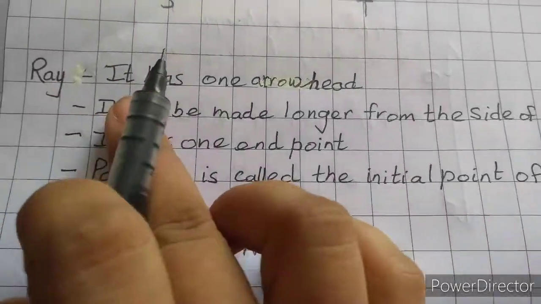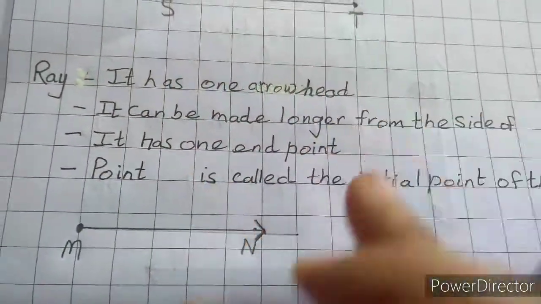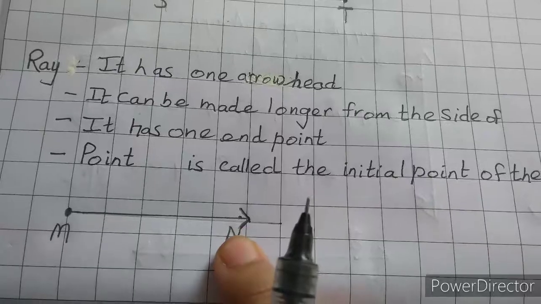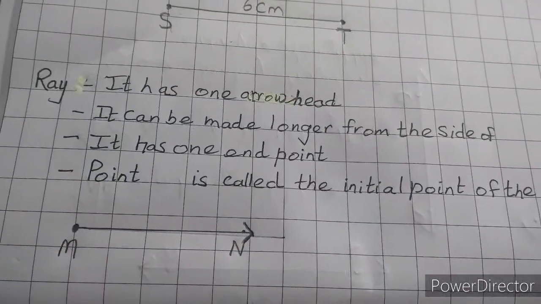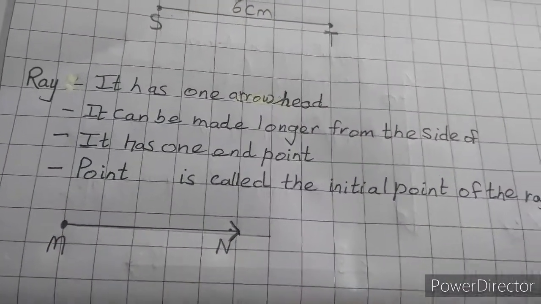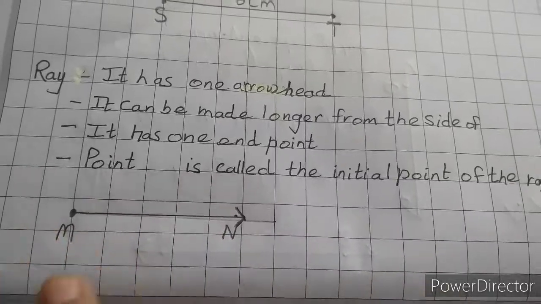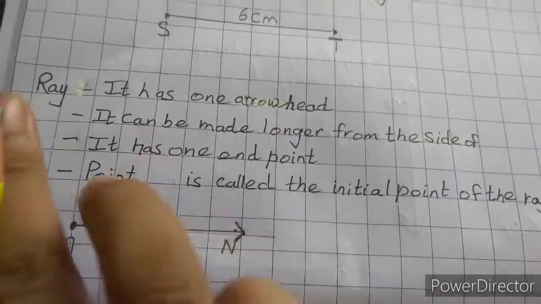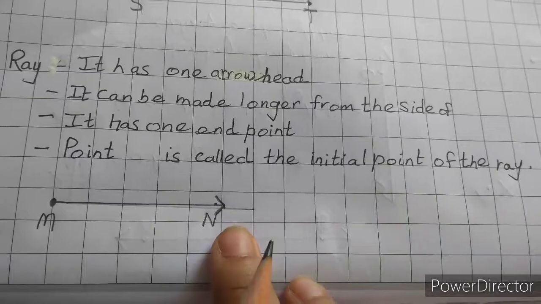Next is ray. It has one arrowhead. Now you can see here, it has one arrowhead. आपने straight line में देखा था, there were 2 arrowheads. It's on this side also, but a ray has only one arrowhead.